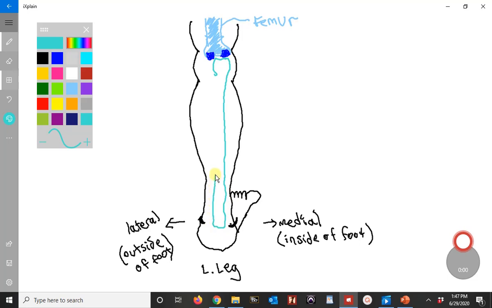The tibia goes all the way down your lower leg, and it's going to hook up to the other bone on the lateral part of your leg, which is the fibula, right?